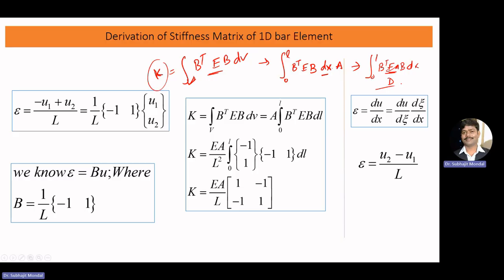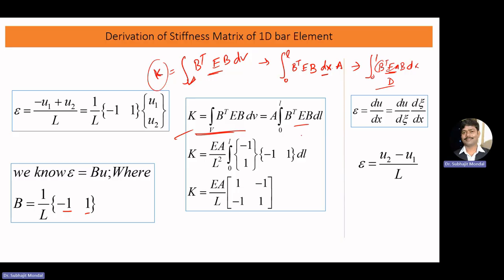Now B already we know is nothing but minus 1 by L and 1 by L, and we know that K is nothing but B transpose E B dV, that is the integration of the volume.